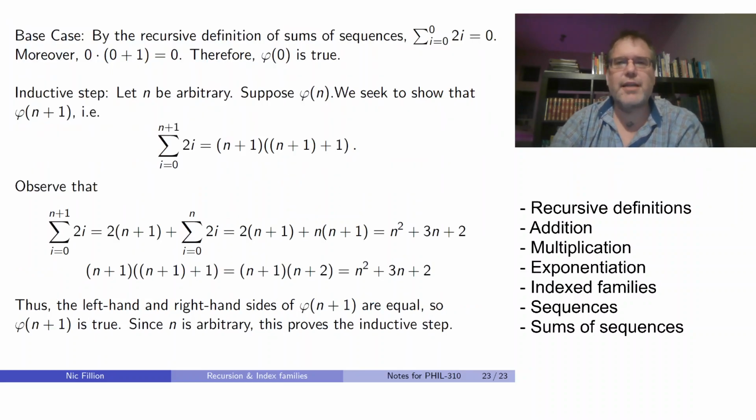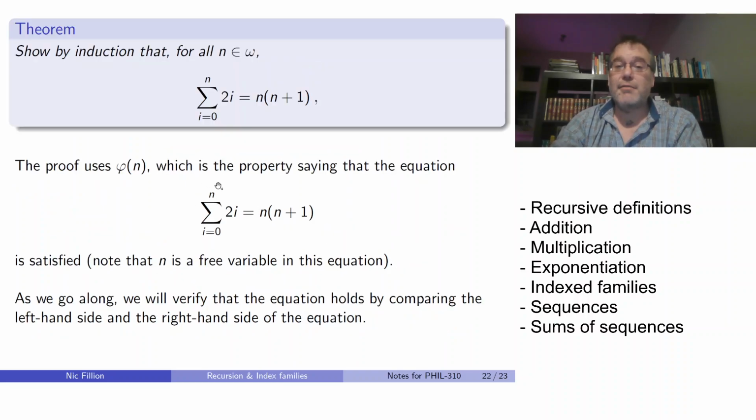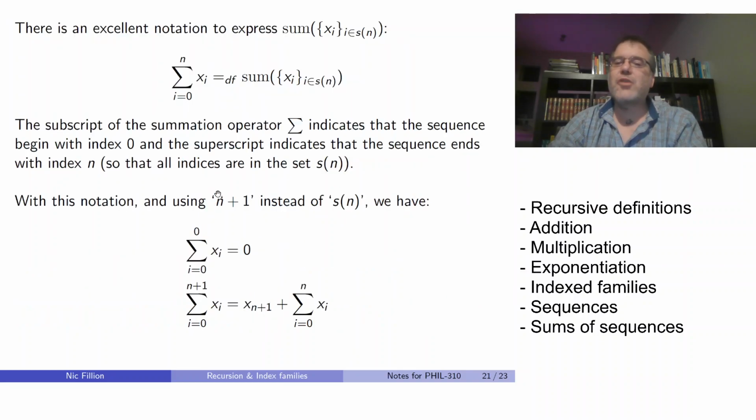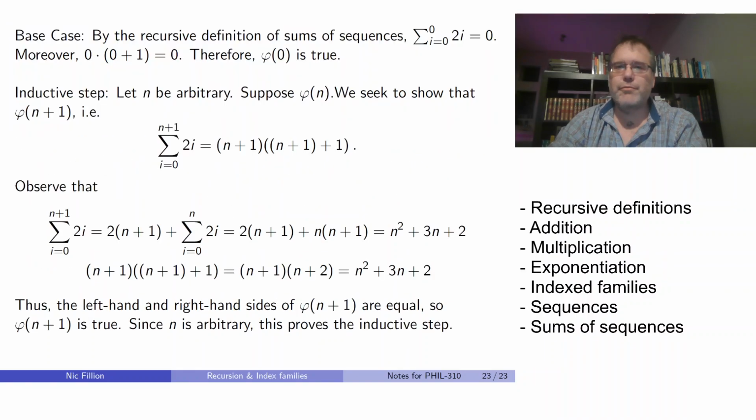So let's look at it. In the base case, we just replace n, that's n here, that's n here, and that's n here, by 0. So that gives us summation from 0 to 0. Oh, that's our sum of length 0. And we know that it's equal to 0 by the seed value.